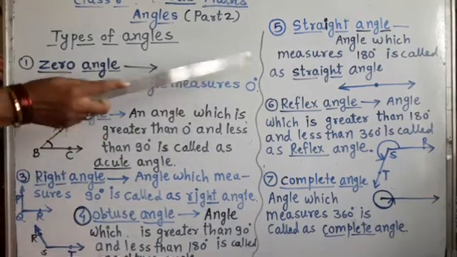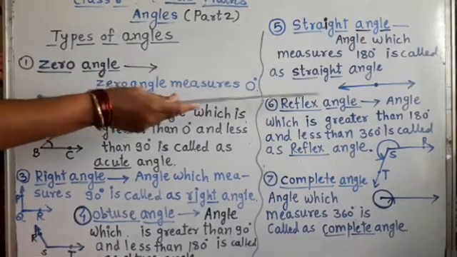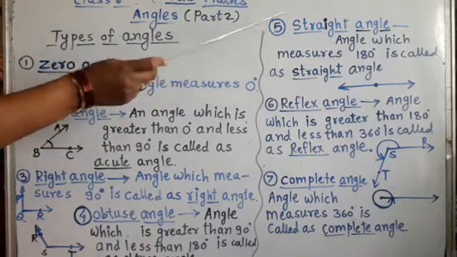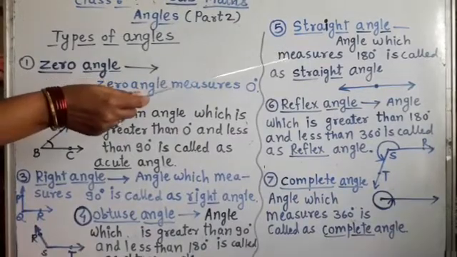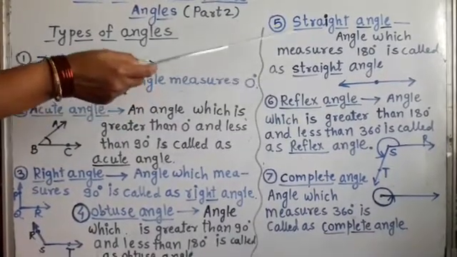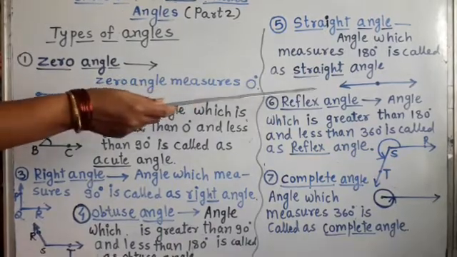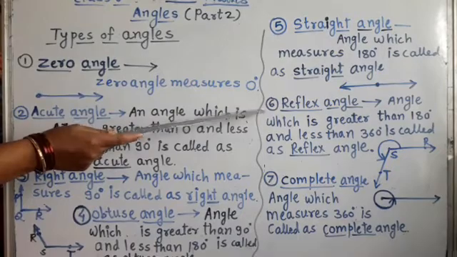Next type is straight angle. An angle which measures 180 degree. If you look at your protractor, it is of 180 degree. So the same angle which measures 180 degree is called a straight angle. Next, sixth one is reflex angle.